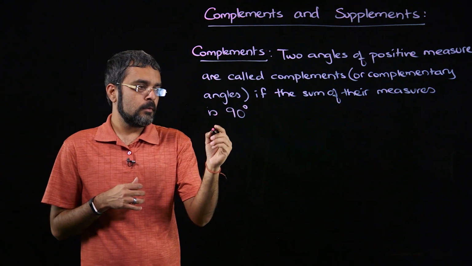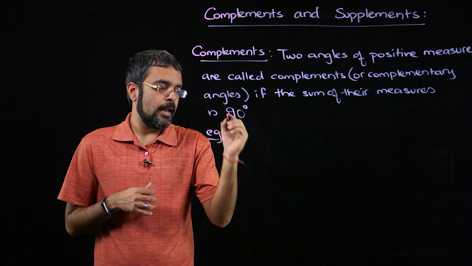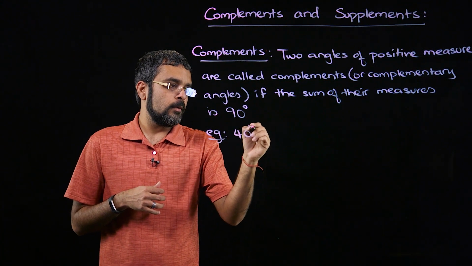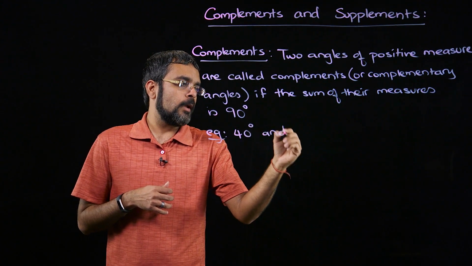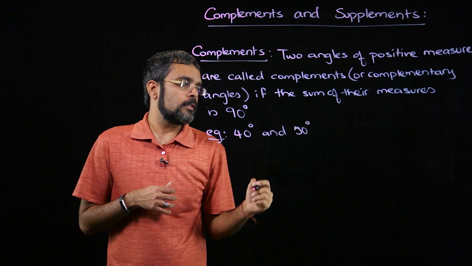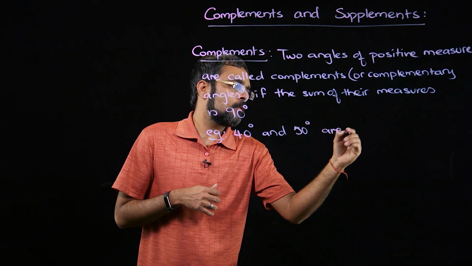For example, an angle of measure 40 degrees and an angle of measure 50 degrees are complements.